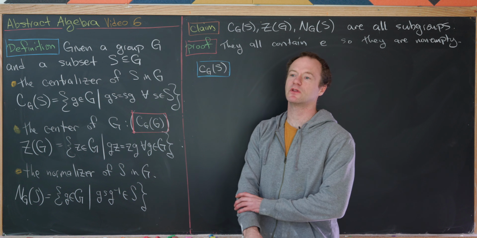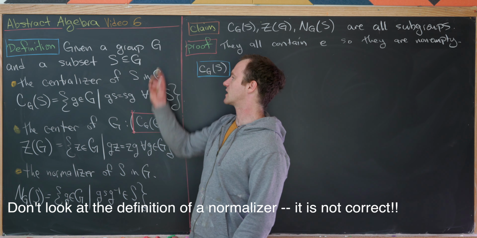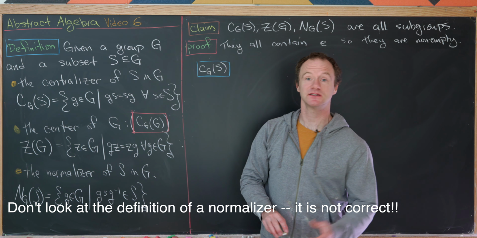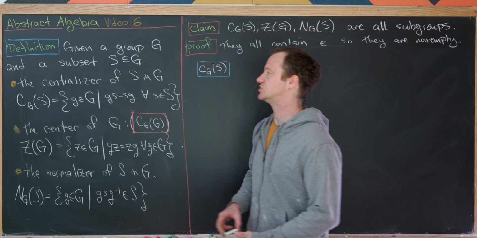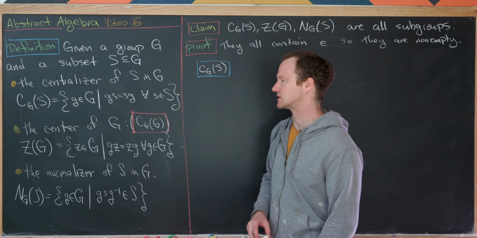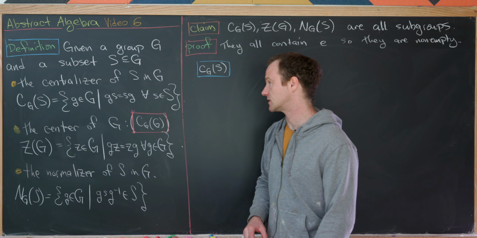Now we're going to look at a couple of general subgroups of general groups. So let's say we've got a group G and a subset, not necessarily a subgroup, S of G. Sometimes this is in fact a singleton. In fact, in most of the examples we'll look at today, this is a singleton.